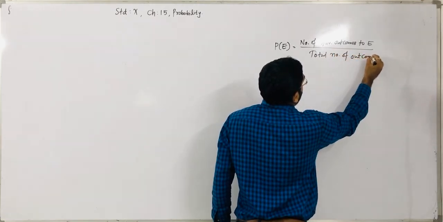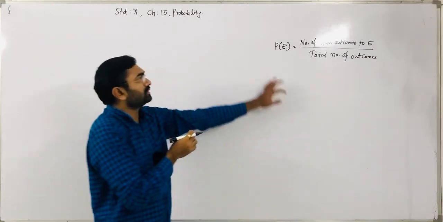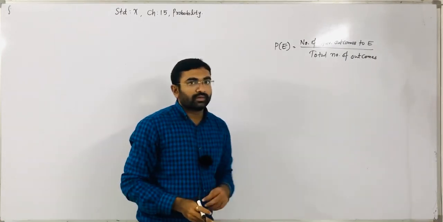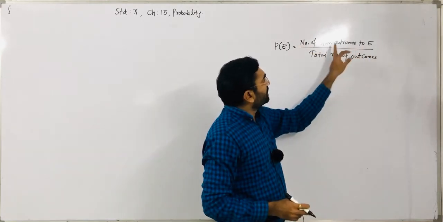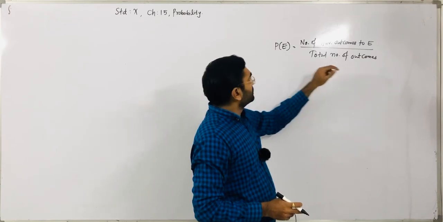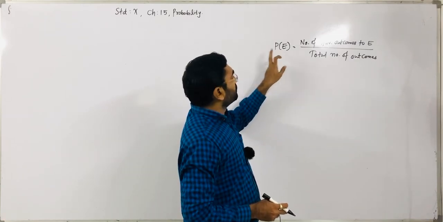This is the theoretical, or classical, probability formula. In the numerator we write the favorable outcomes of event E, and the denominator is the total number of outcomes. So we get that event's probability.